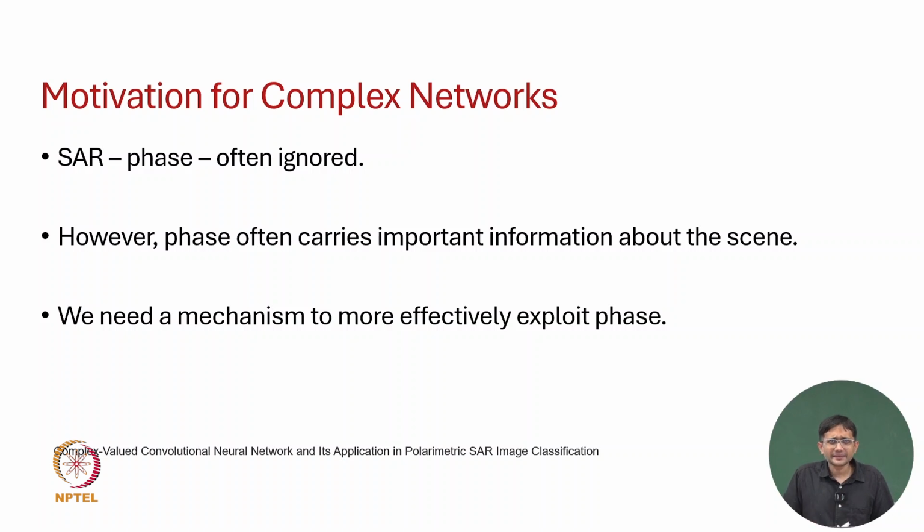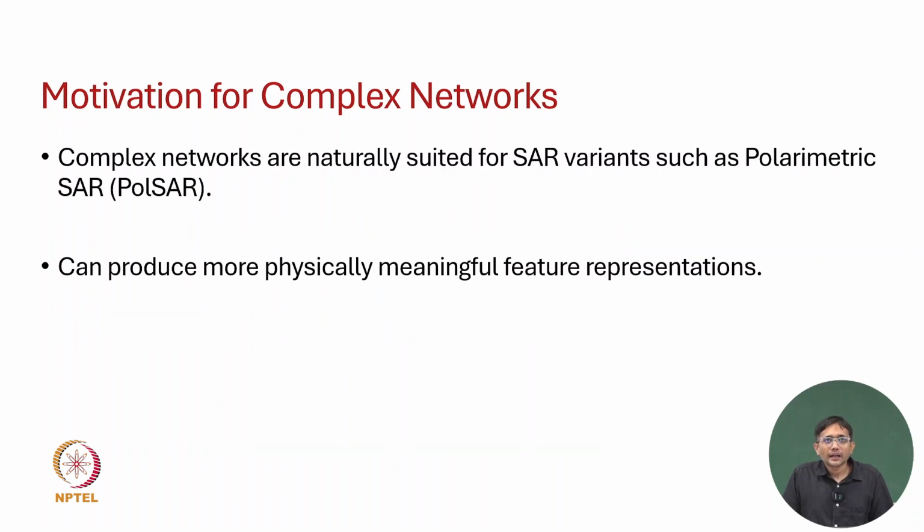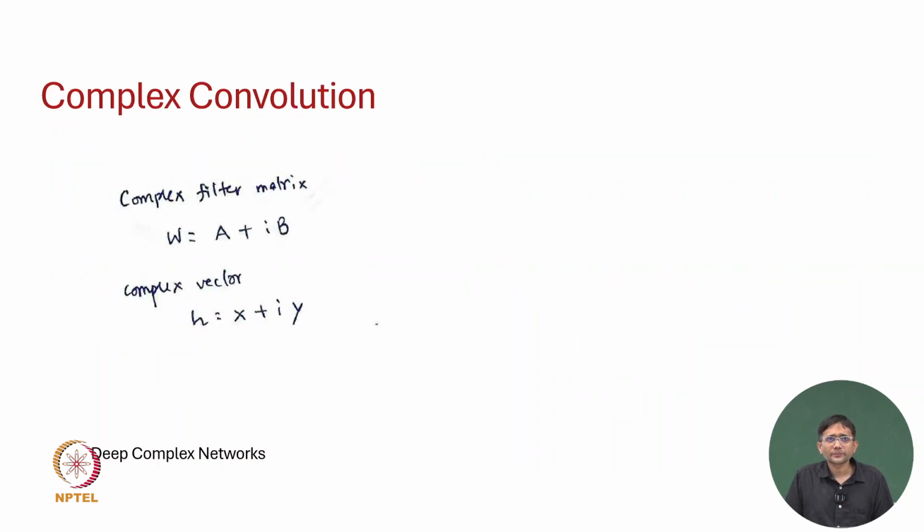And there comes complex deep learning. Complex networks are very naturally suited for SAR variants such as polarimetric SAR as well, and can produce physically meaningful feature representations. So let us look at how complex networks would work.